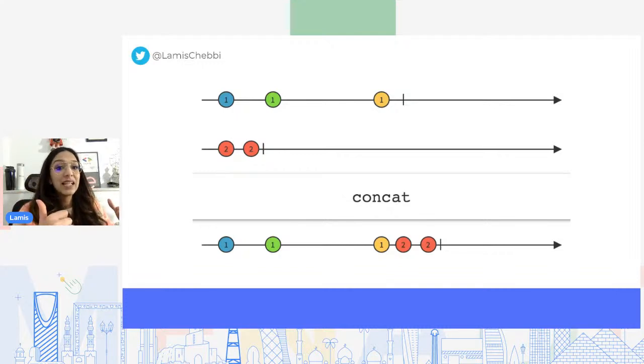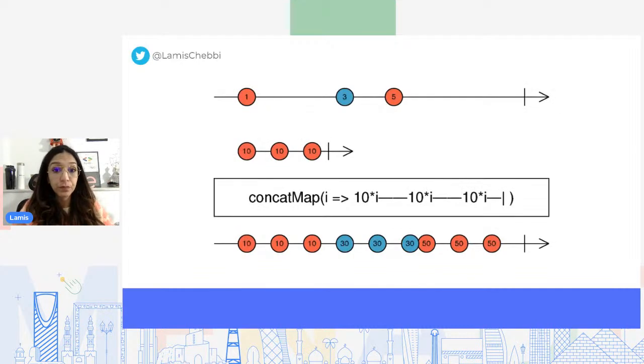The values and the observables will be treated sequentially, and it's about observable completion. When the first one completes, it will start to process the values of the following one, and so on and so forth. This is how concat works.